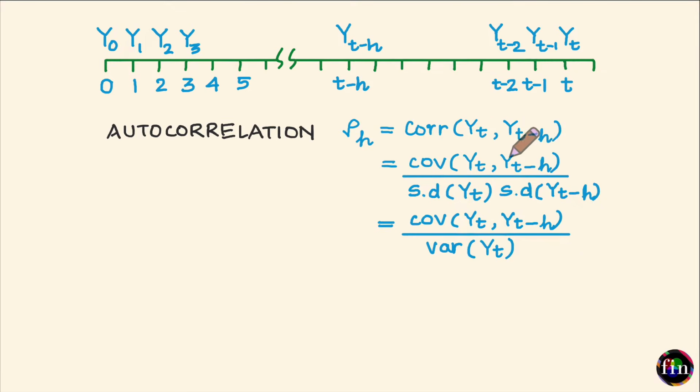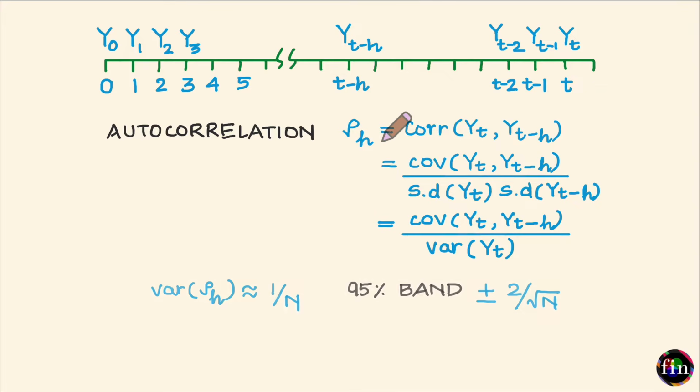If I assume that my time series is covariance stationary, then both of these standard deviations will be equal, and hence the denominator will become the variance of yt. This is how you would theoretically calculate the autocorrelation for any lag h.